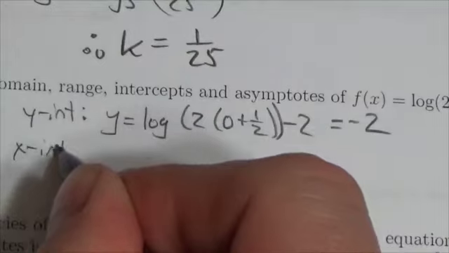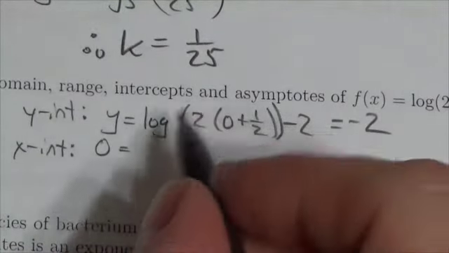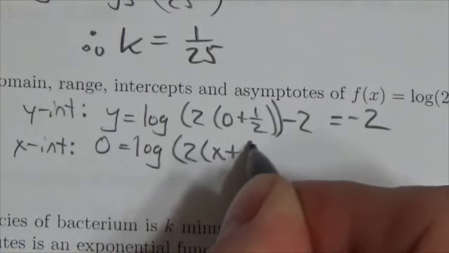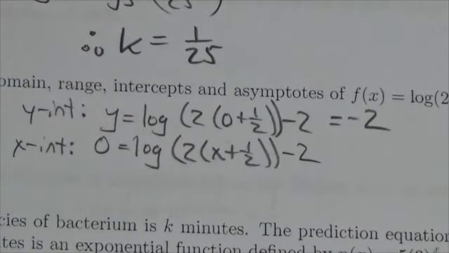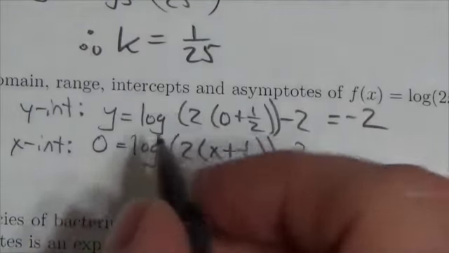The x-intercept is always a little bit more interesting. I let y equal 0, and I get 0 equals log of 2 times (x plus 1/2), minus 2. This is a logarithmic equation, so the very first thing I want to do is bring the 2 over to isolate the log.